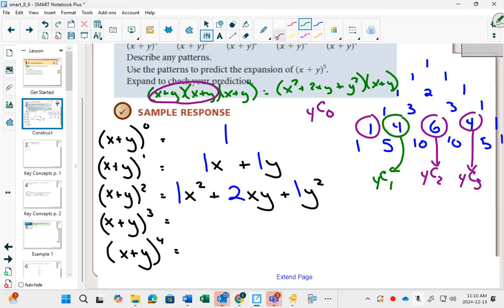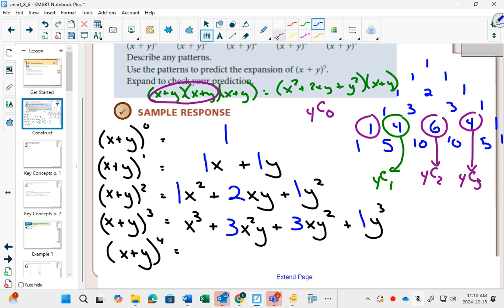And the result you would get looks like this. X cubed plus 3x squared y plus 3xy squared plus y cubed. And if I wanted to, I could put ones in front of there.